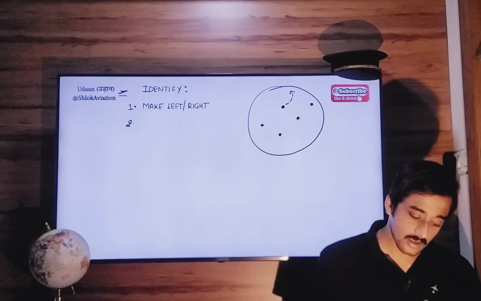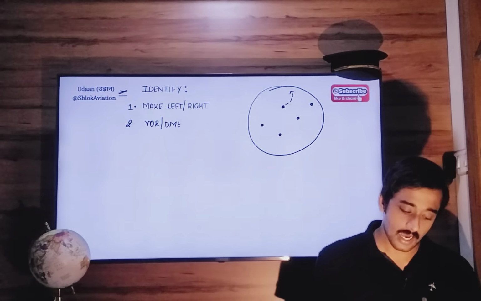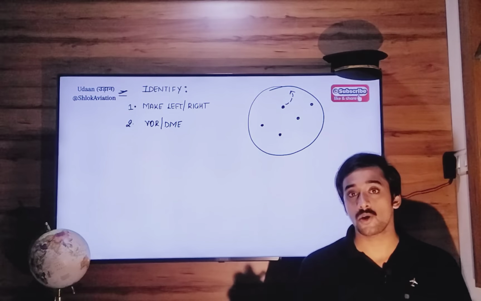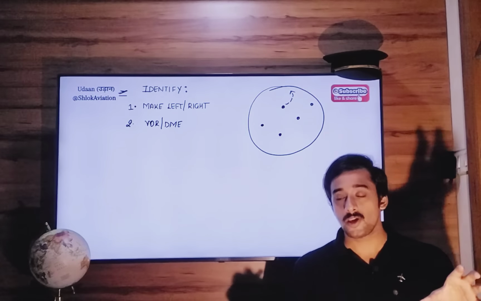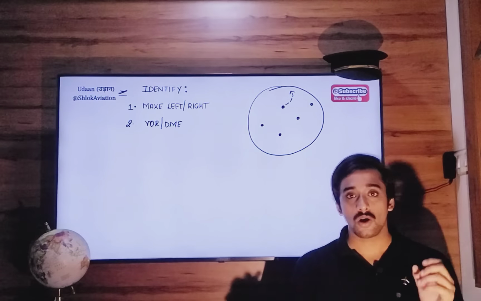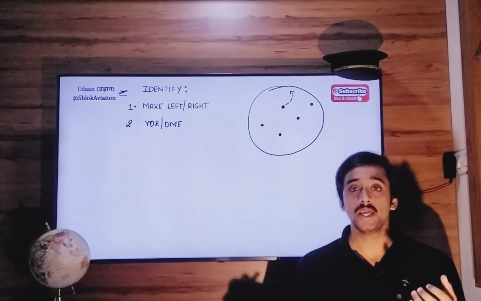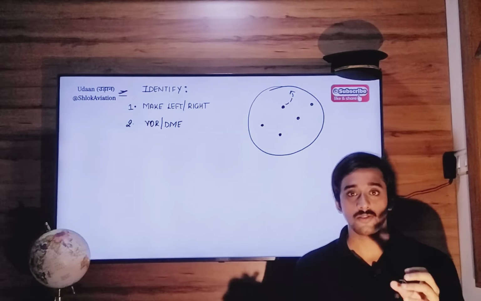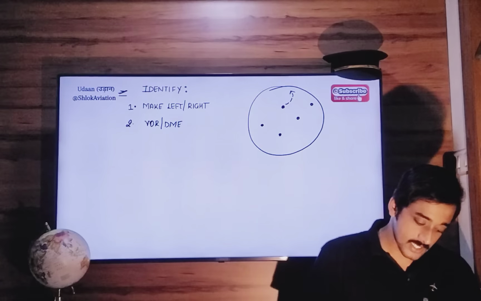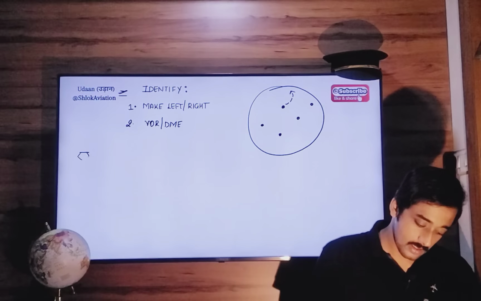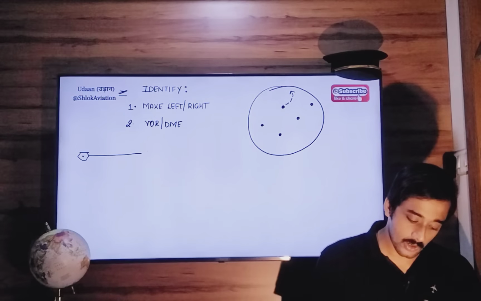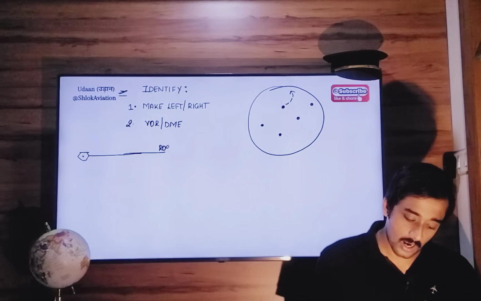The second way is to get VOR DME information. ATC can ask you to give your position with respect to a VOR and DME station. A VOR station will enable you to find your position with respect to a radial. Let's say this is a VOR station and you are on radial 090 from that VOR station.